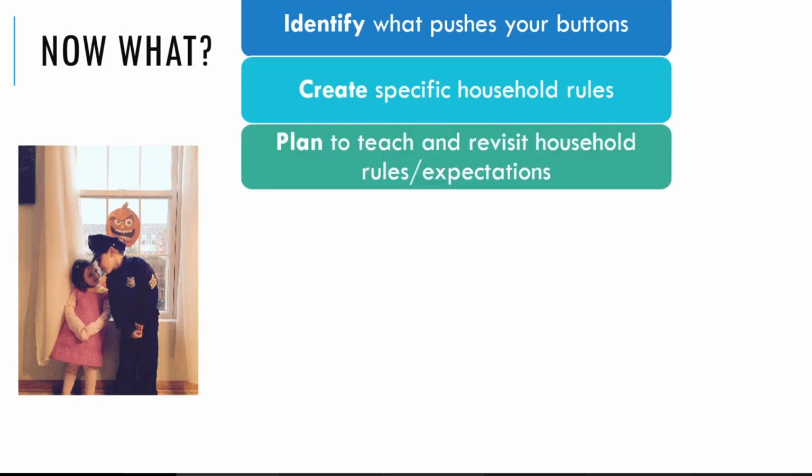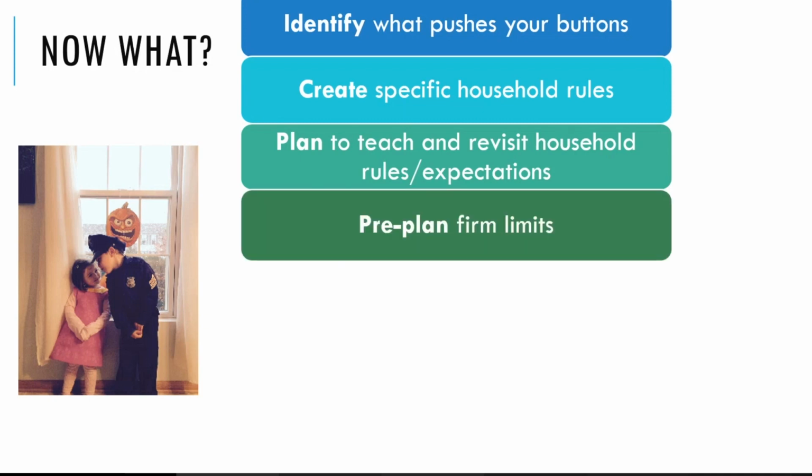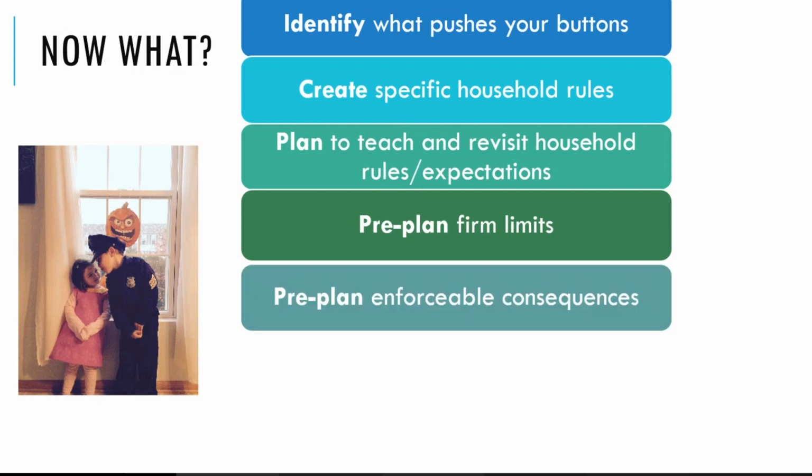You have to be specific about what your household rules are. Plan to teach and revisit those household rules and expectations. Pre-plan what your firm limits will be. I love this part right here. Pre-plan those enforceable consequences.